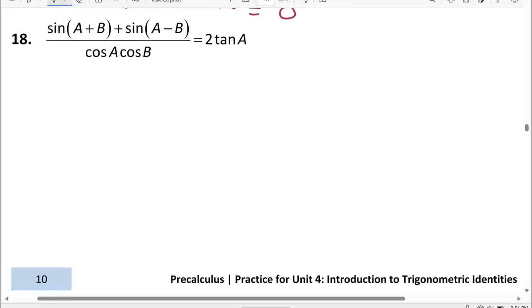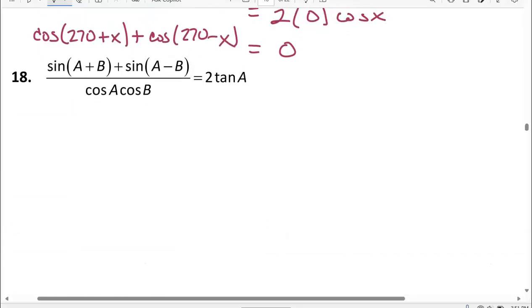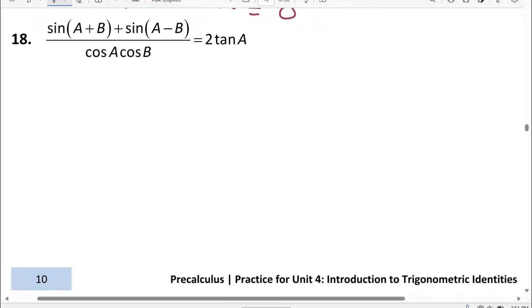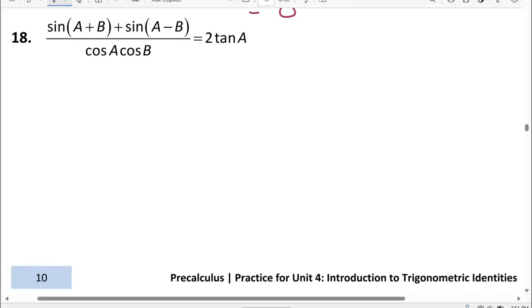All right, the last proof looks very complicated. Let's see if it actually is.